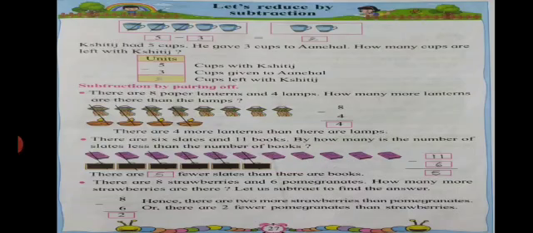So, as we cut 6 books and slates, we get the answer 5. There are 5 fewer slates than the books.